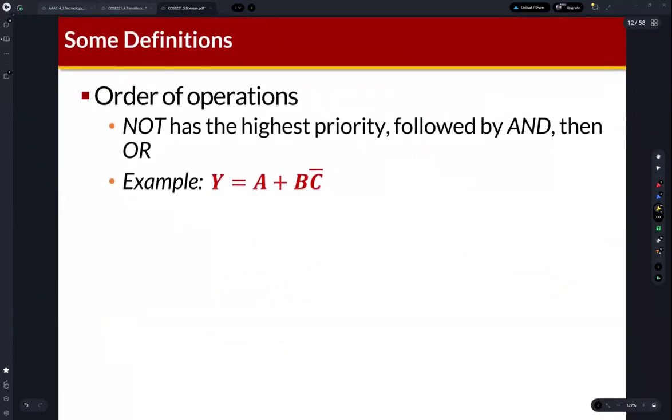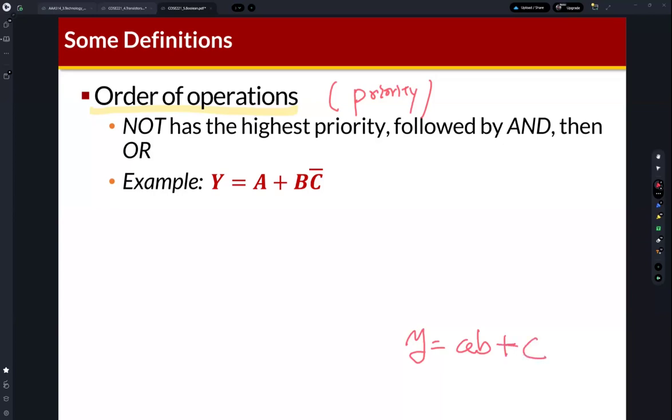And also when we learn about the equation, we also learn about the priority of operation, like the order of operations. For example, in real mathematics, y equals ab plus c. We already know that multiplication has a higher priority than addition, right?